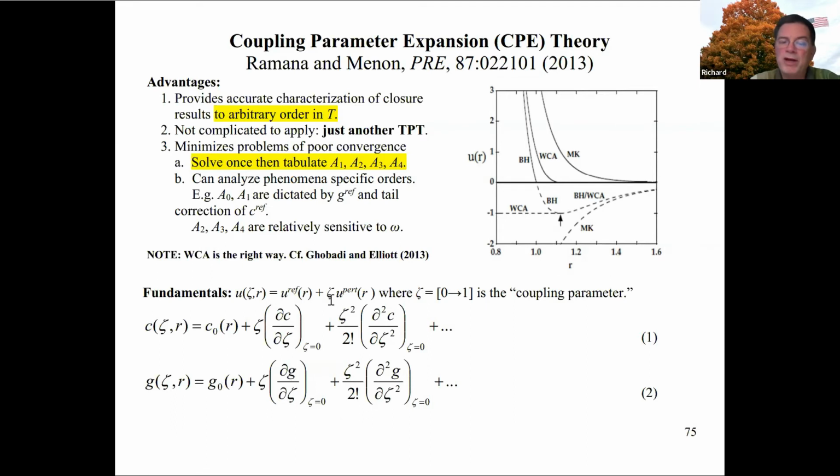And when the coupling parameter goes to 1, we recover the potential function that we started with. Each one of these is going to have a multiplier in beta, and so we'll be able to equate orders of temperature to orders of these A2, A3, A4.